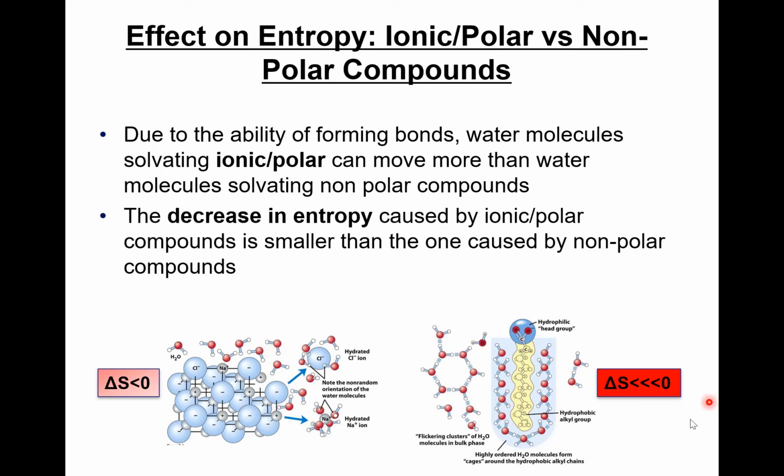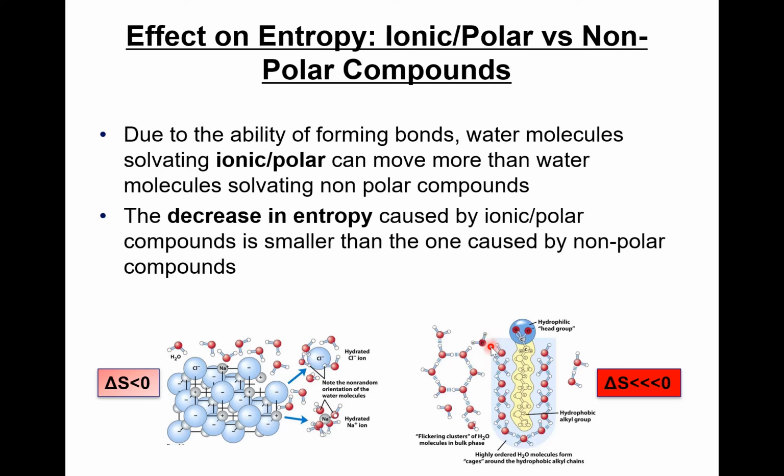What happens when instead you're talking about a non-polar compound? Well, these molecules can't even turn around and form the hydrogen bonds. What it means is that they're basically constrained in a position where they try to maximize the number of bonds by being almost forced to stay always oriented towards other water molecules that they can form the hydrogen bonds with, right?